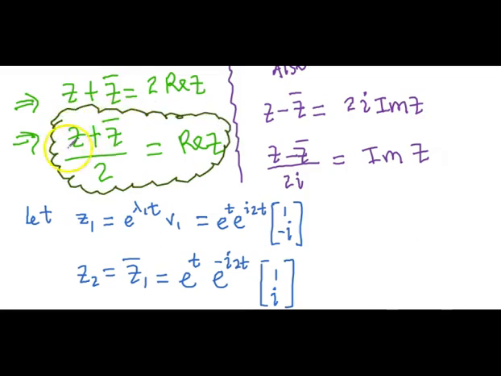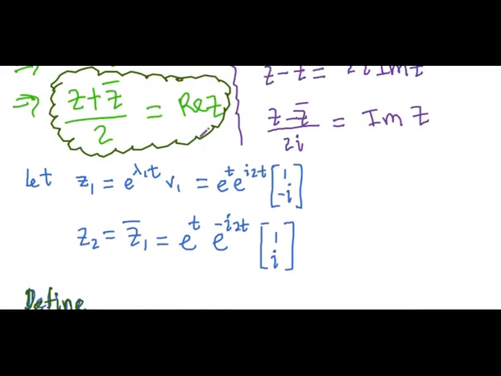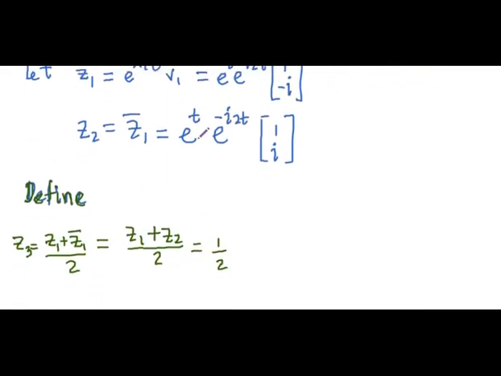So if we add the complex quantity to its conjugate, we're going to end up with real parts only, added and divided by 2. There is a scaling factor here.